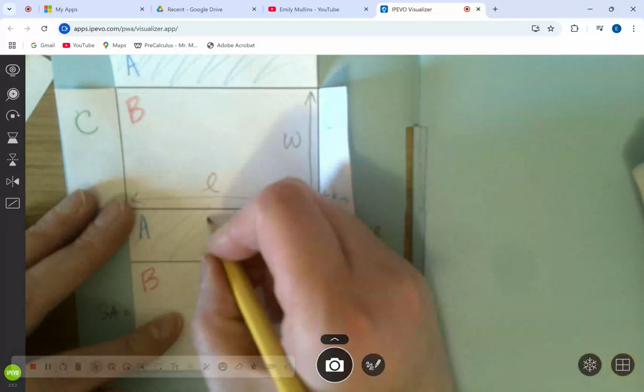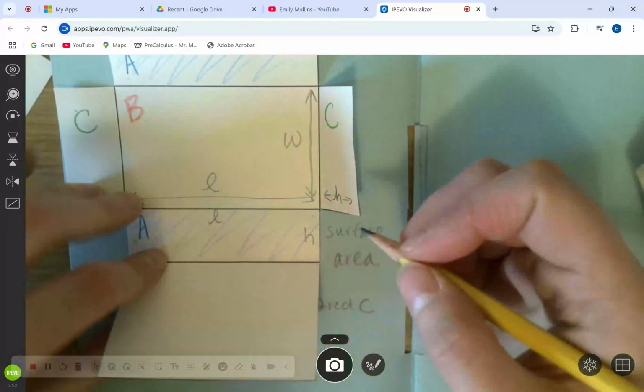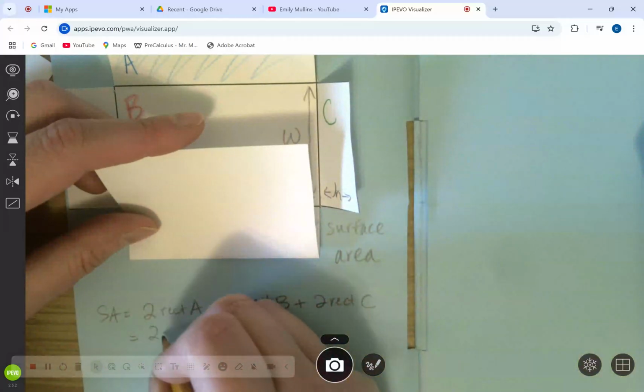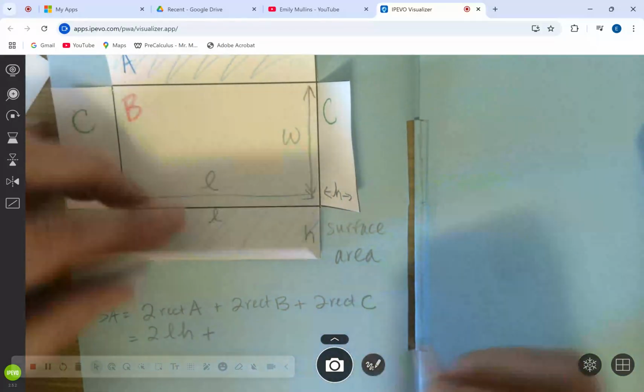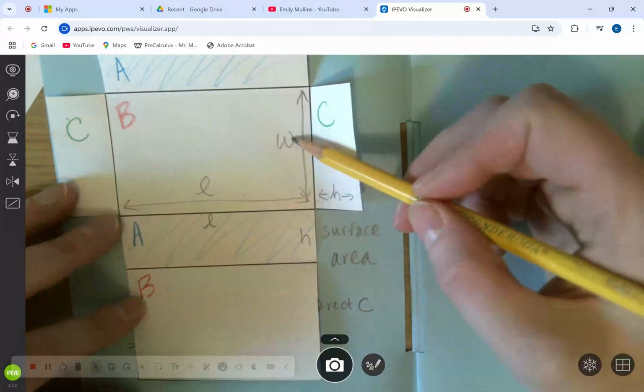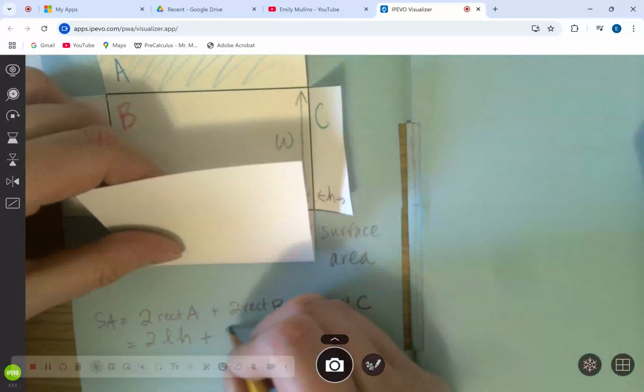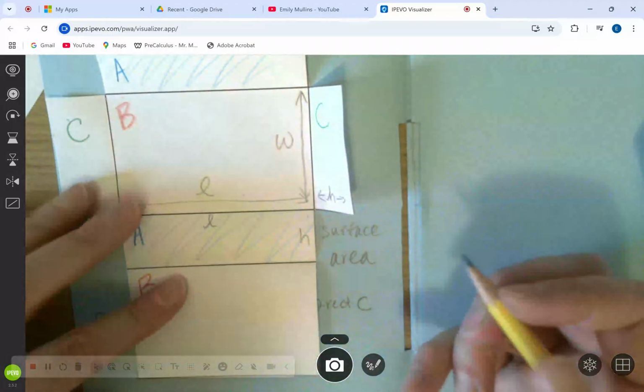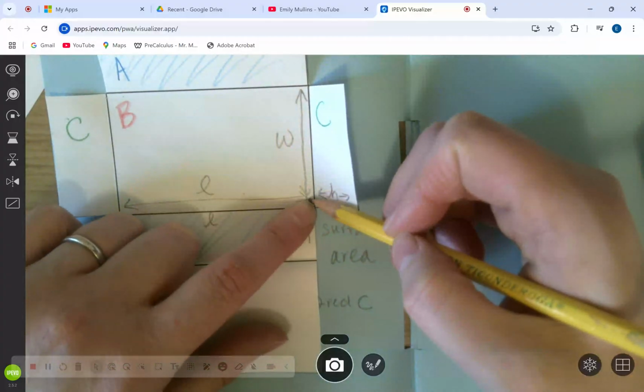This is H, so I have L and I have H. So this one's going to be 2LH plus, when I look at B, I have L and W. So 2LW.